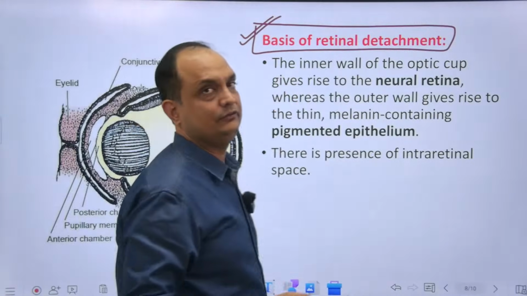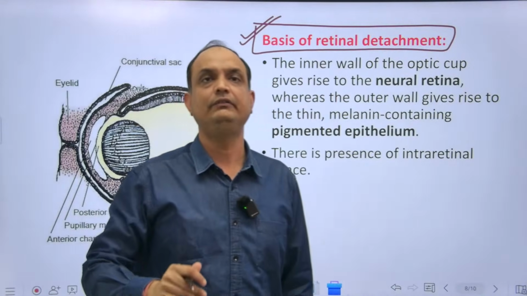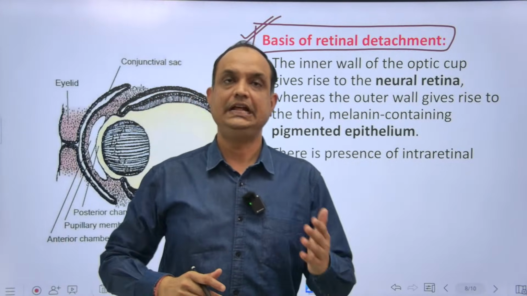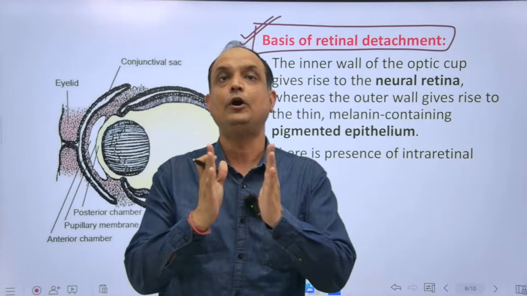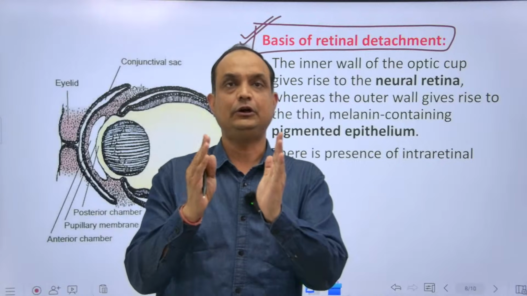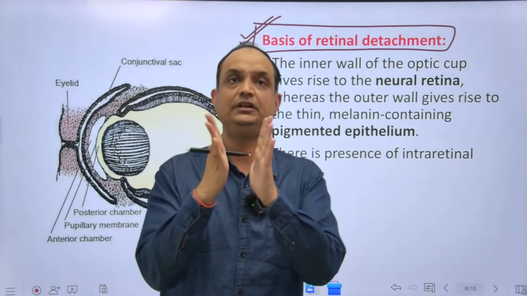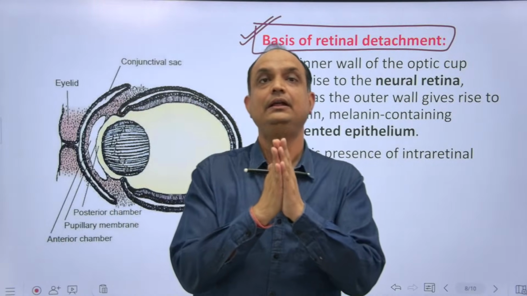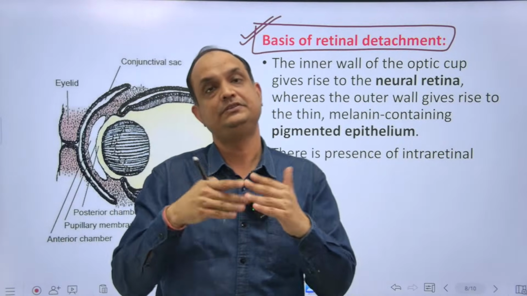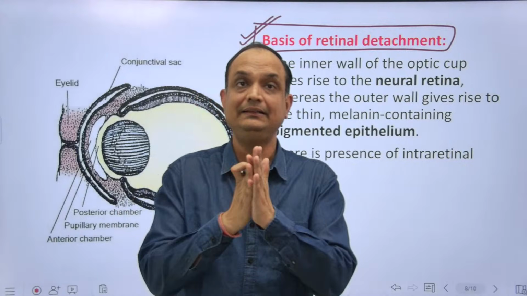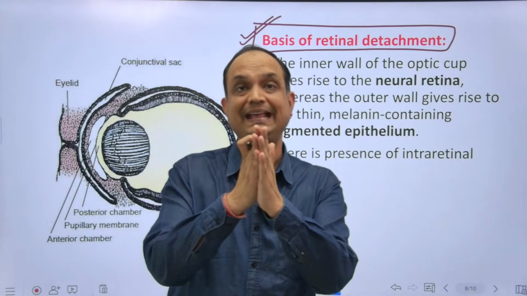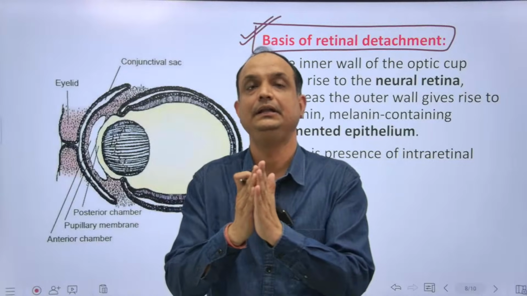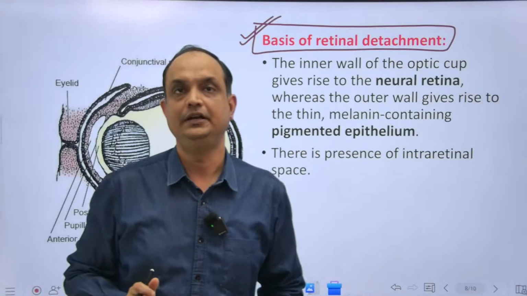Whenever a patient comes with retinal detachment, it is always a detachment between the two layers of the optic cup, because you have seen that the optic cup is formed by invagination and there are two layers, and later on both layers fuse and the intraretinal space disappears. But that is a potential space. That space can be detached if the neural layer separates from the pigmented layer. It is known as retinal detachment.